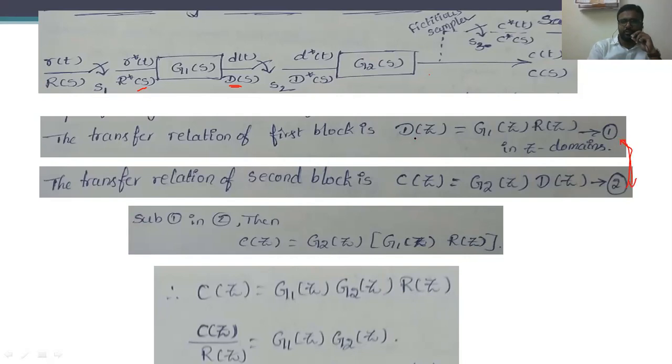That means just substitute the value of D of Z in C of Z. We are going to have C of Z is equal to G2 of Z and the D of Z value is G1 of Z into R of Z. Therefore, just substituting the value of D of Z in this equation, we are going to get C of Z is equal to G2 of Z into G1 of Z into R of Z. Therefore, C of Z is going to be G1 of Z into G2 of Z into R of Z.